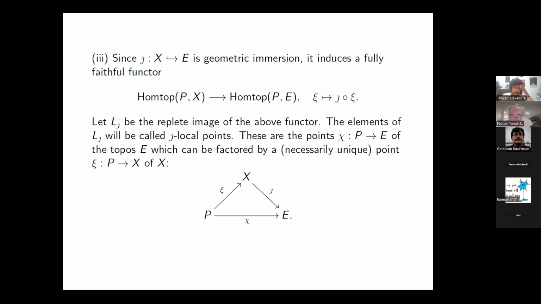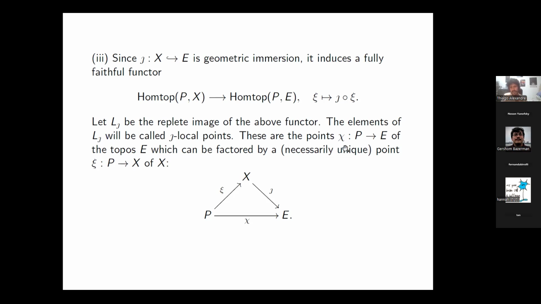On the other hand, since G is a geometric immersion, it induces a fully faithful functor of the category of points of X into the category of points of E, and we can consider the replete image of this functor. The elements of the replete image L_G here will be called the G-local points.